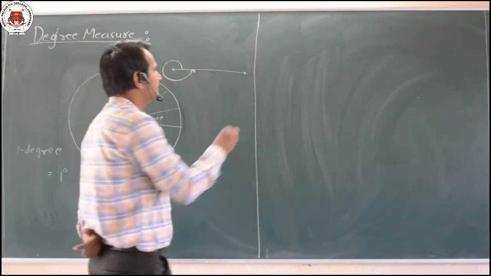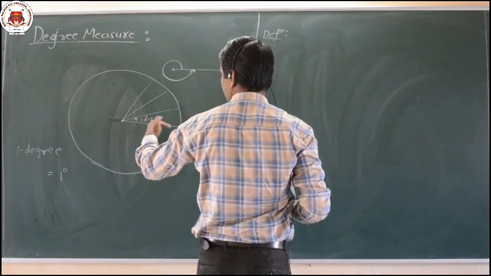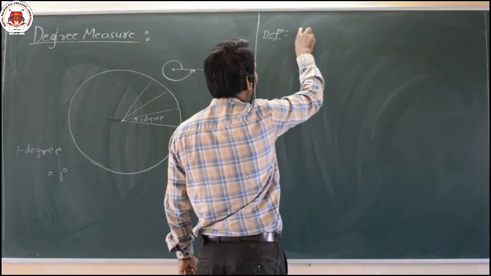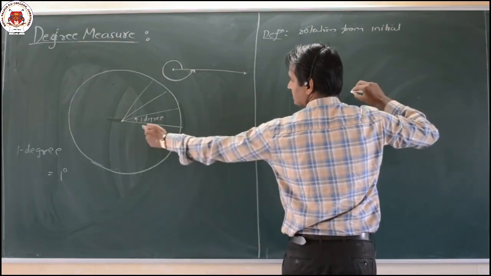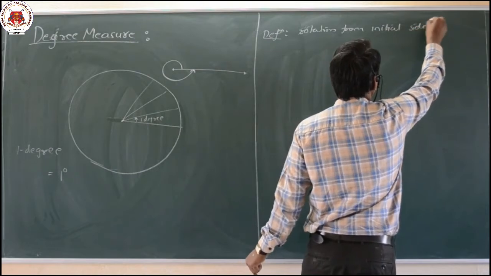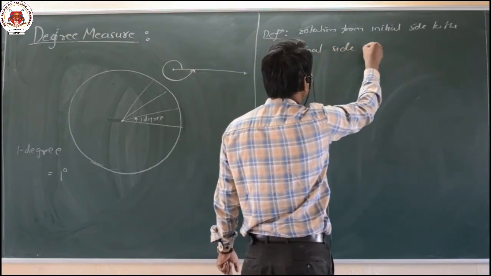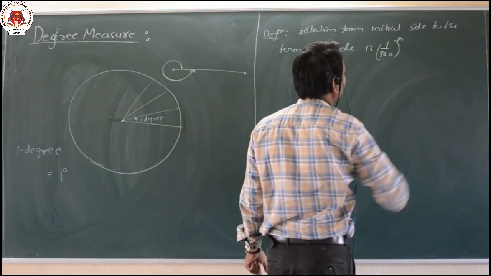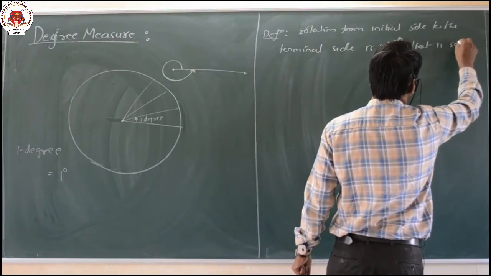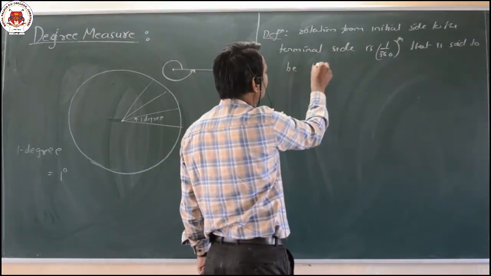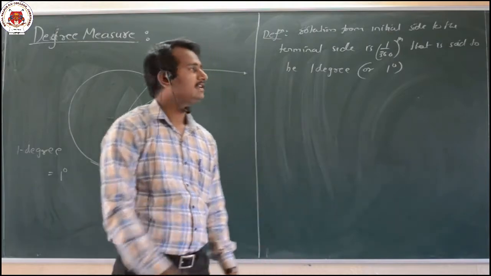Definition: the rotation from the initial side to the terminal side, when the terminal side has moved 1/360th of a revolution, is said to be 1 degree, or 1 to the power of 0. That is nothing but 1 degree here.